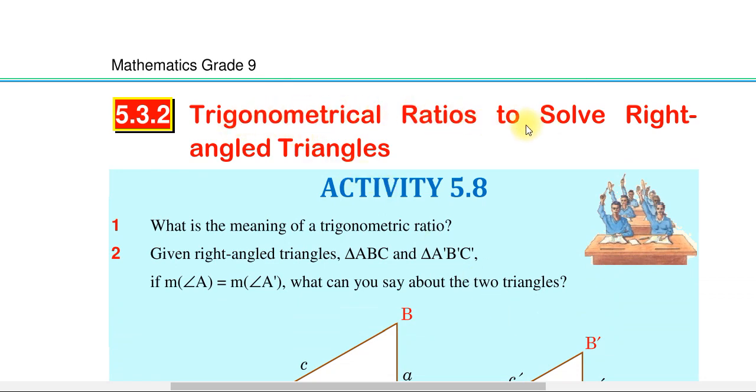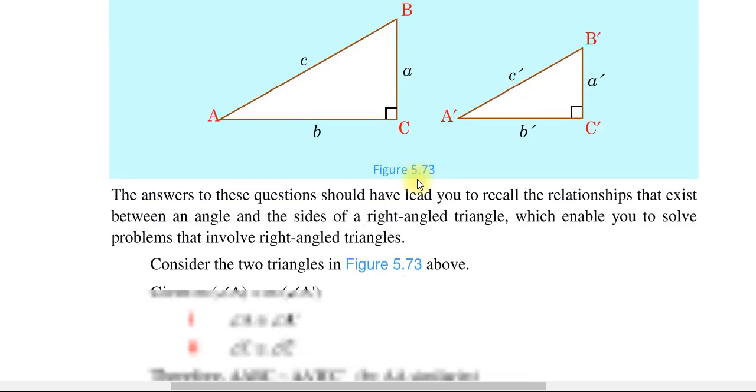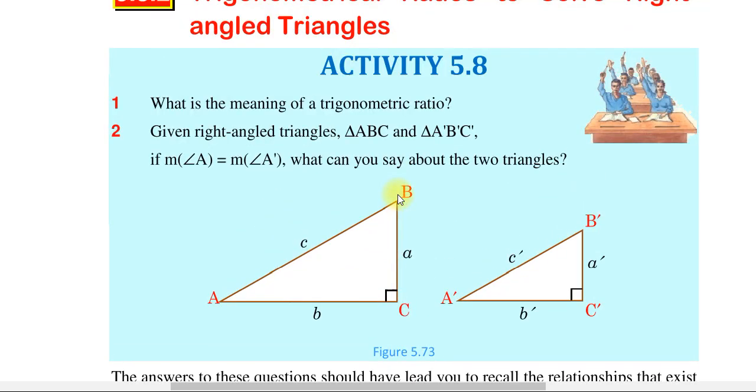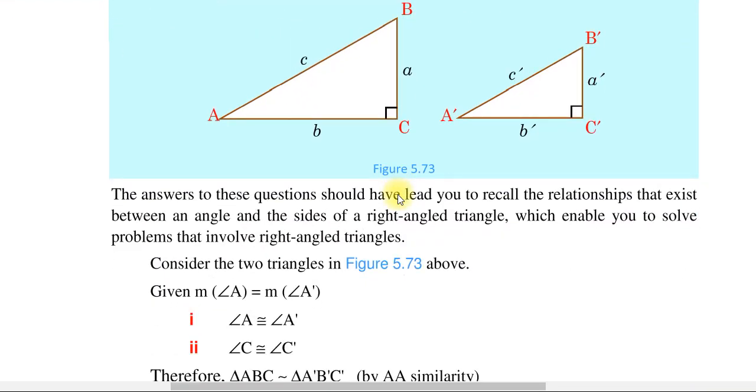The other topic is trigonometric ratios to solve right angle triangles. The answer to the question should have led you to recall the relationship that exists between an angle and the sides of the right angle triangle, which enables you to solve problems that involve a right angle triangle. Consider the two triangles in figure 5.73.